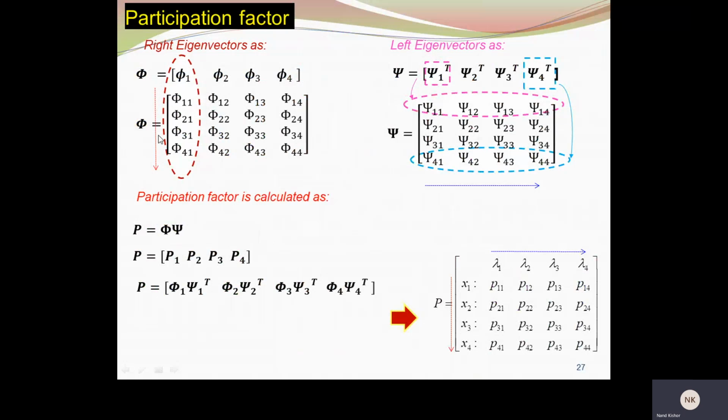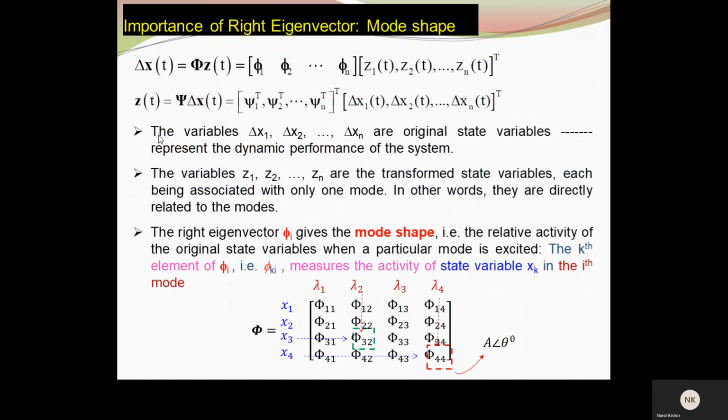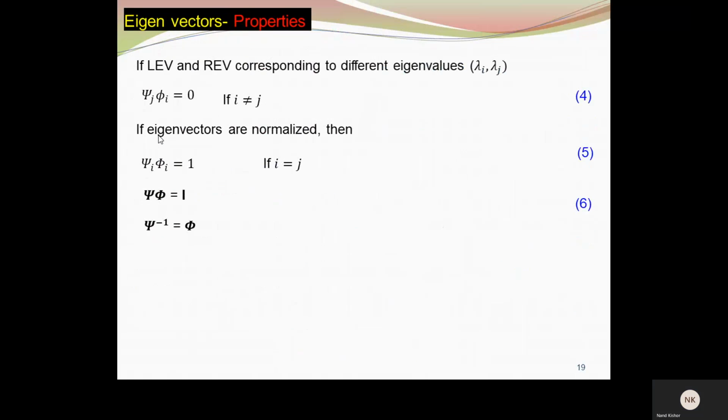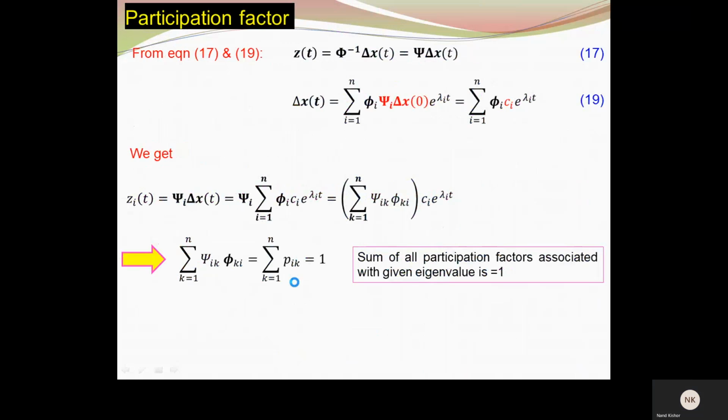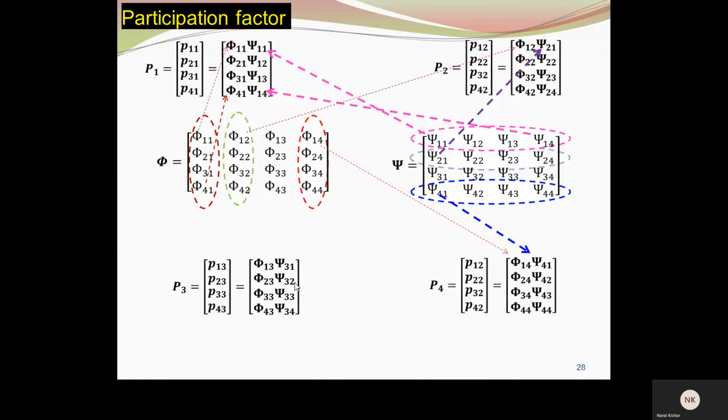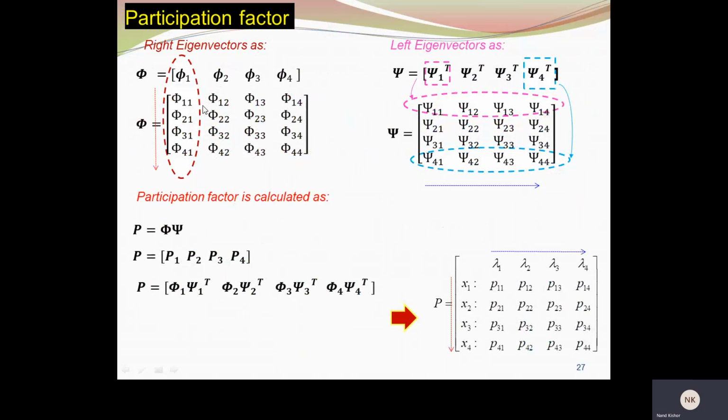If you refer to the previous slide, you have the state variables, and you have the eigenvalues as columns. So you have the state quantities as row vectors, and then you have a phi 1 for each of the lambdas, the eigenvalues here.